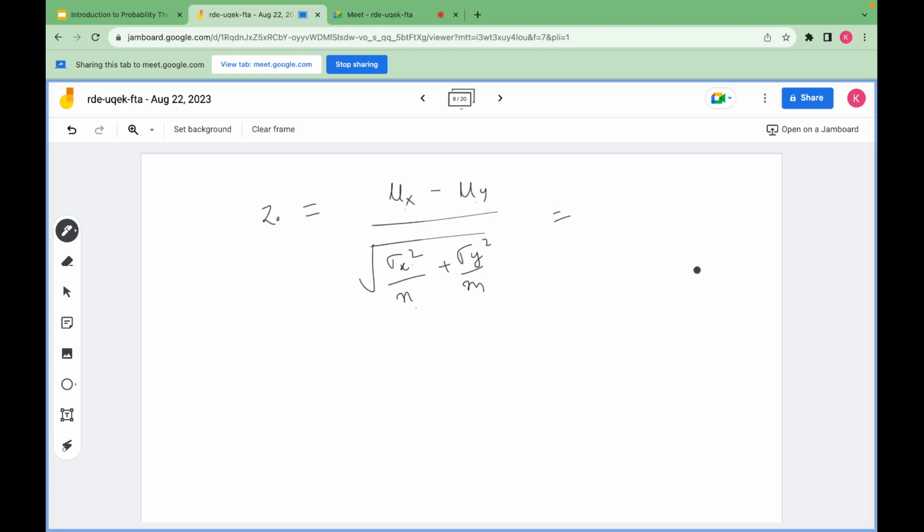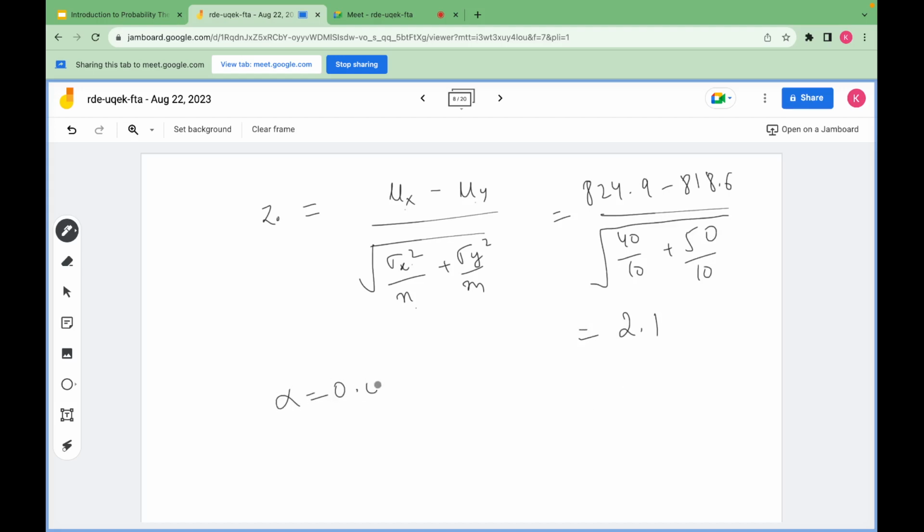So this is 824.9 minus 818.6 divided by the whole root of 40 by 10 plus 50 by 10. This comes out to be 2.1.